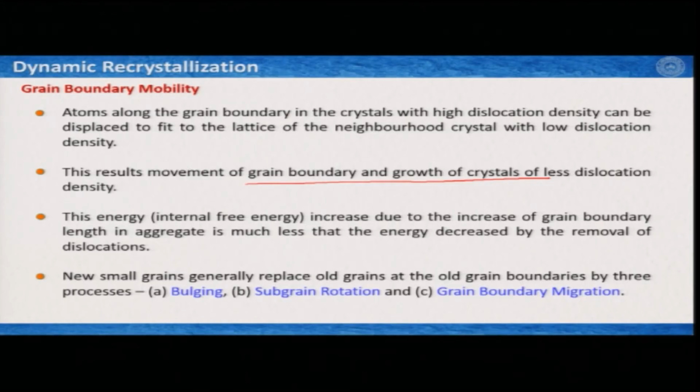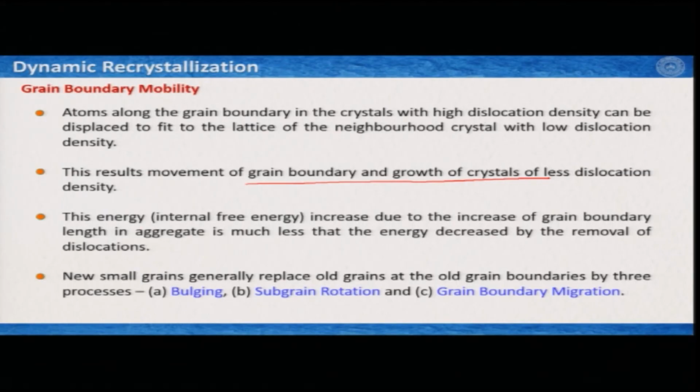The energy required for this, which is internal free energy, increases due to the increase of grain boundary length. You can imagine that I have a fixed area or fixed volume with 10 grains, and the same area with 50 grains. Certainly the grain boundary area increases, and if the grain boundary area increases, then the grain boundary energy also increases.